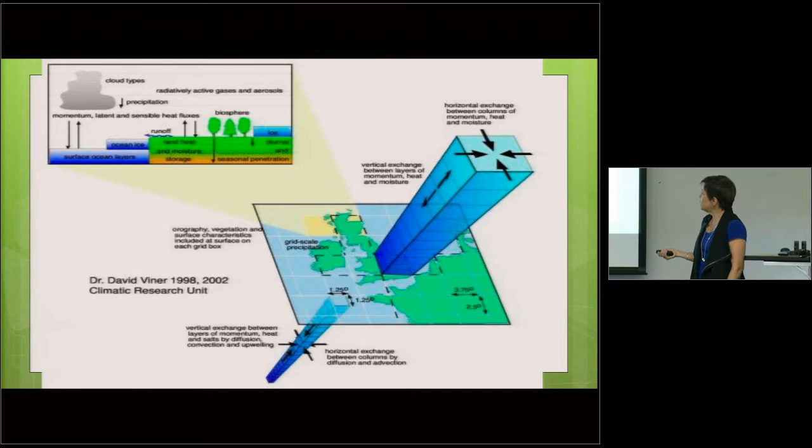So I just wanted to show you that these grid cells go far up into the atmosphere, but they are also going down into the oceans. So these models now include the oceans as well. And again, they're modeling movement of mass and energy between those cells.